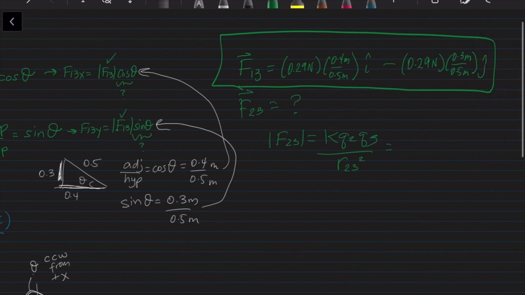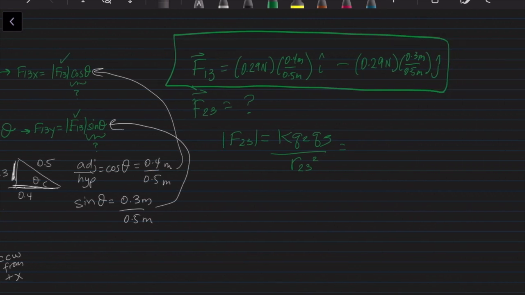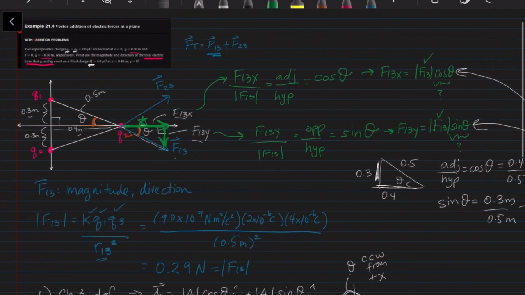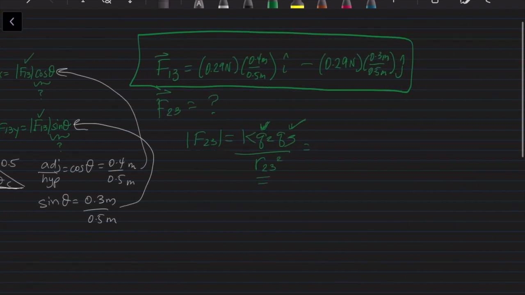Well, guess what? It's going to be identical in magnitude to F13, because Q1 and Q2 have the same value, Q3 is obviously the same, and the distance between 2 and 3 is also 0.5, from here to here. So the magnitude of F23 is going to be the same as F13.